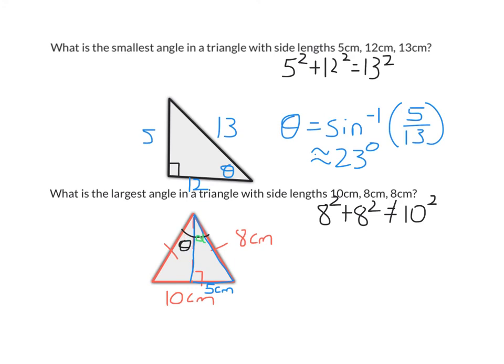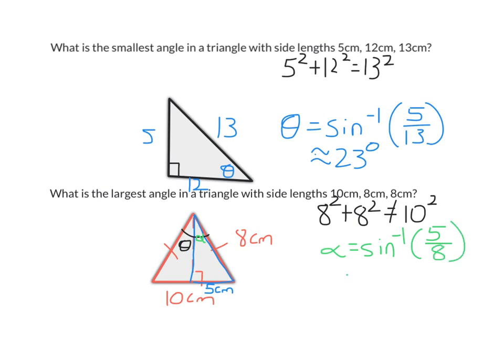So to find alpha is actually pretty simple. I have a right-angled triangle. I have the opposite side and the hypotenuse. So it will just be sine, because it's opposite and hypotenuse, sine inverse, because I'm finding an angle, of opposite over hypotenuse.